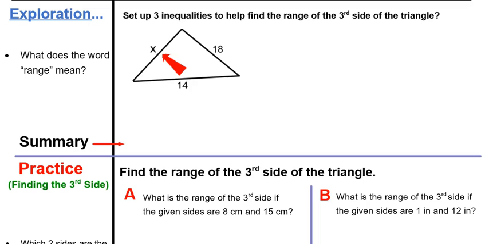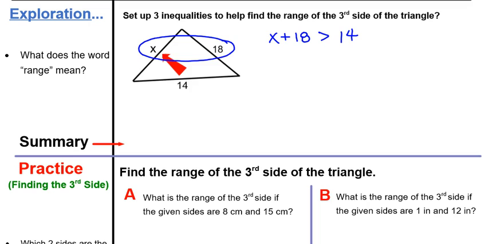So we set up three problems. The first one is going to be with the x and the 18, assuming that they are the two smallest sides, and I know that has to be greater than the third side.